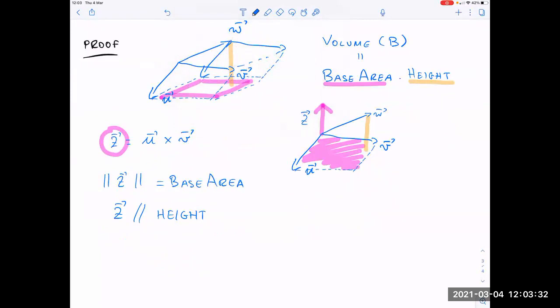Let's say the height as a number is going to be W dot Z. So this is a number, and that's what we get by multiplying, but we said we need the orthogonal projection, right?